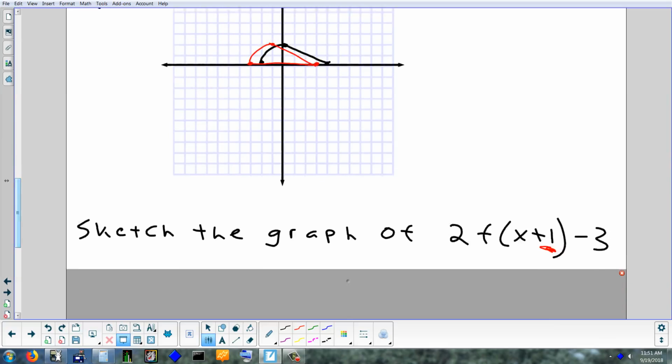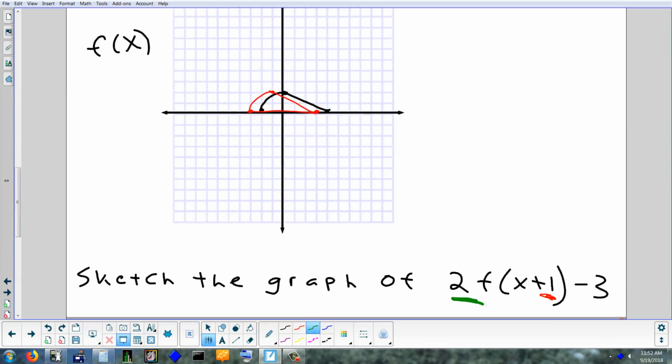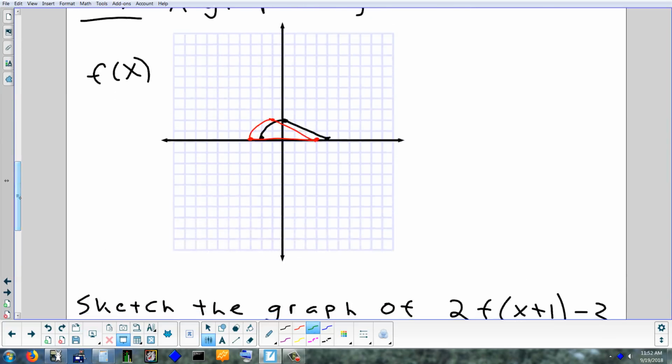What about the 2? What does multiplying by a number in front do? Stretches it which way? Vertical. Stretches it vertically. So if you're going to stretch it vertically, does that change the x's or the y values? The y values. All the y values are going to get doubled. Let's start with this point at the top of the red shape.